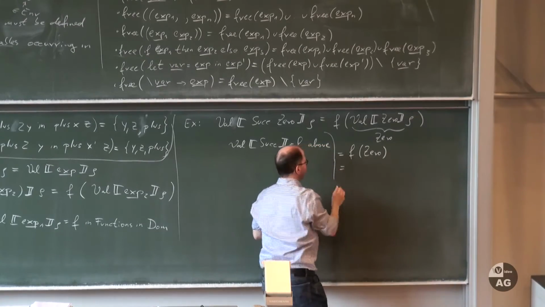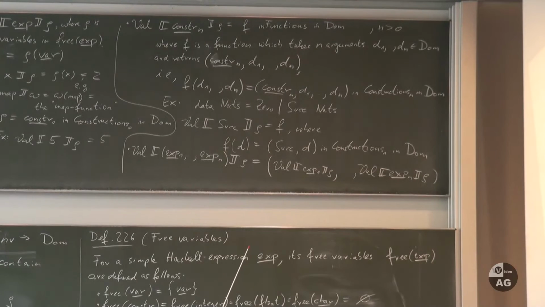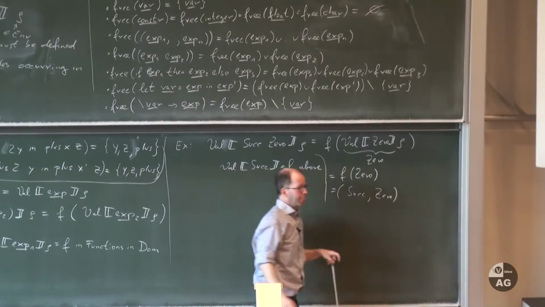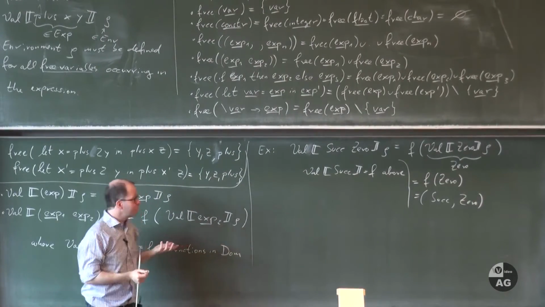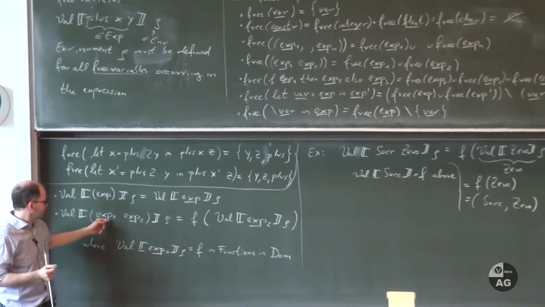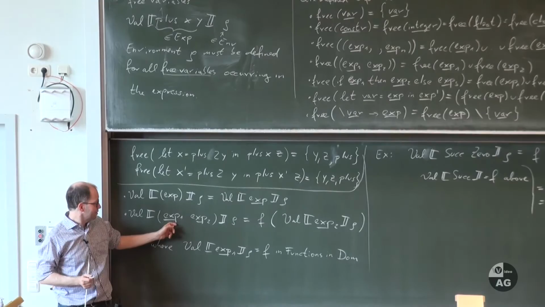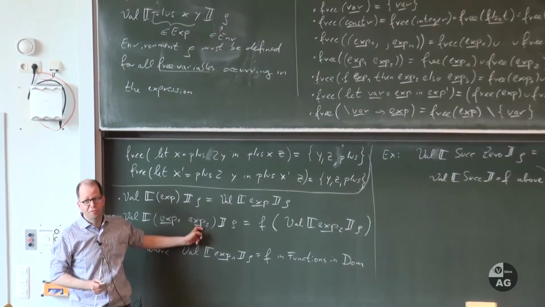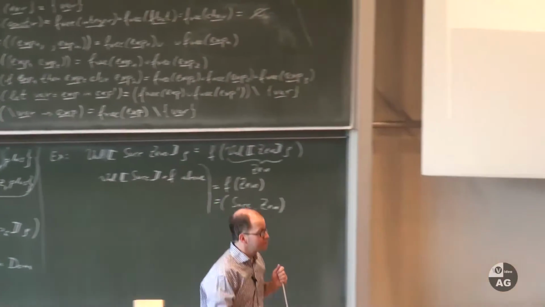And f applied to 0 is, if you look at the blackboard above, the tuple consisting of suc and this argument, so the tuple consisting of suc 0. And so by this definition, we have made clear that writing two expressions beside each other means that the semantics of the first expression, which is a function, is applied to the semantics of the second expression. And I also wrote this on the slide.